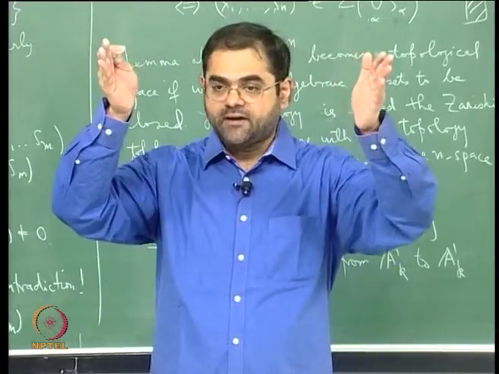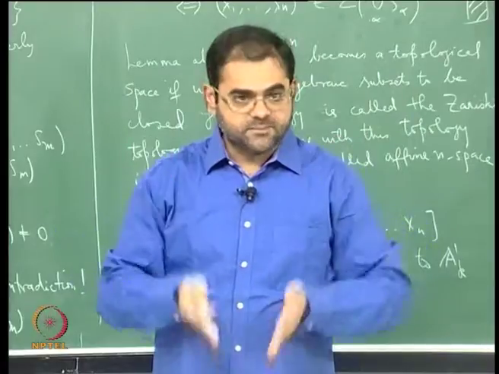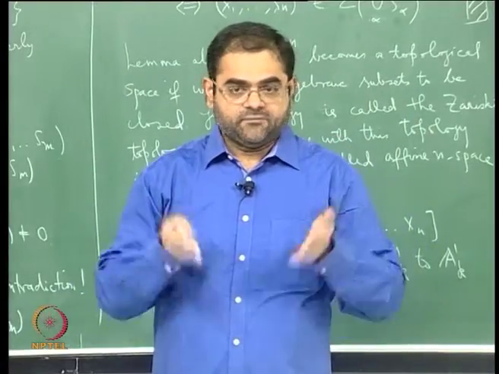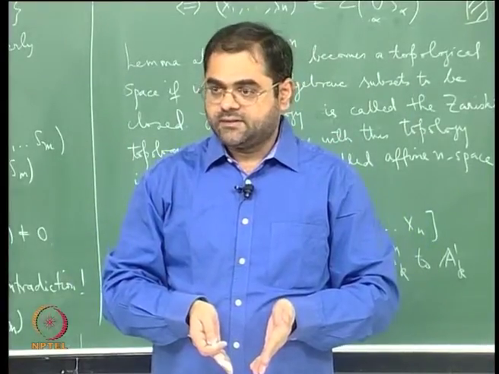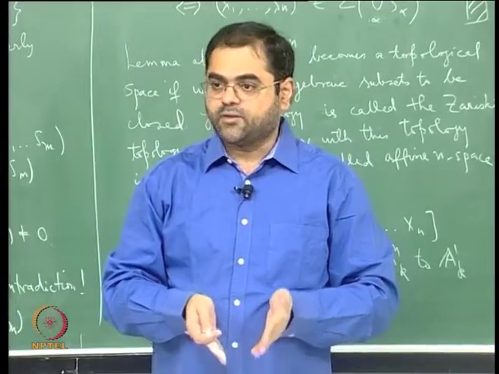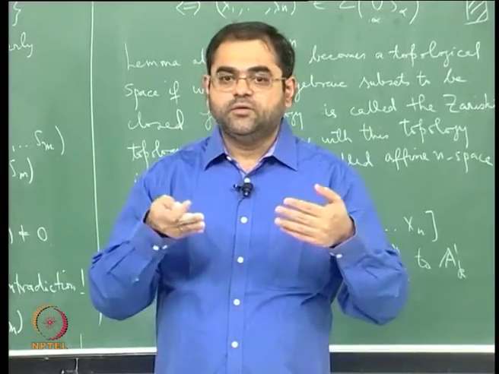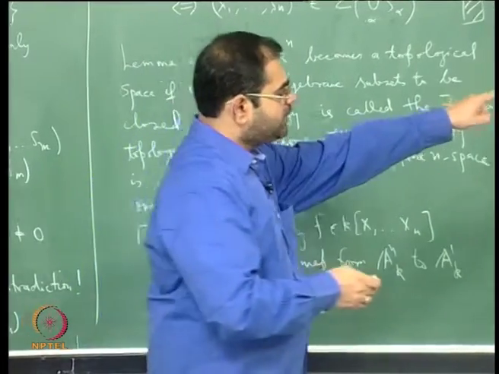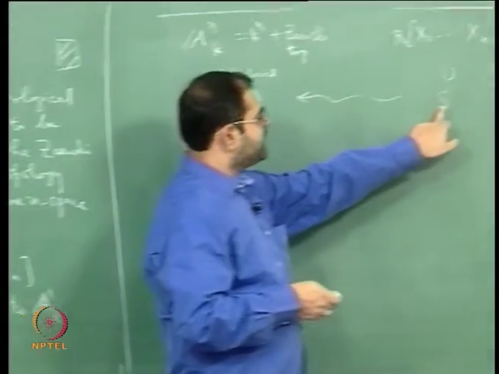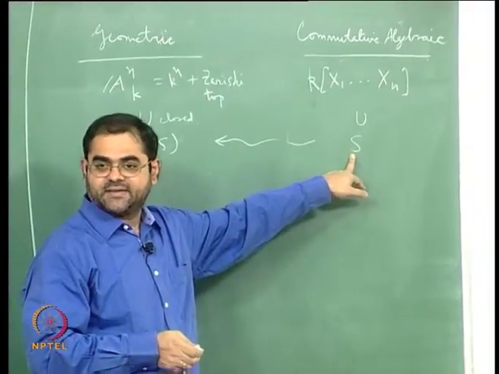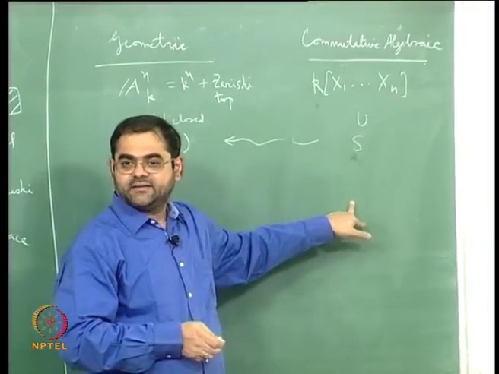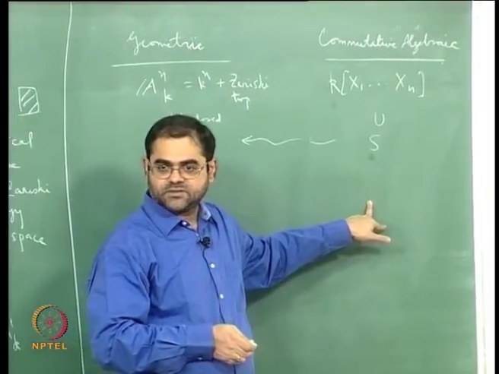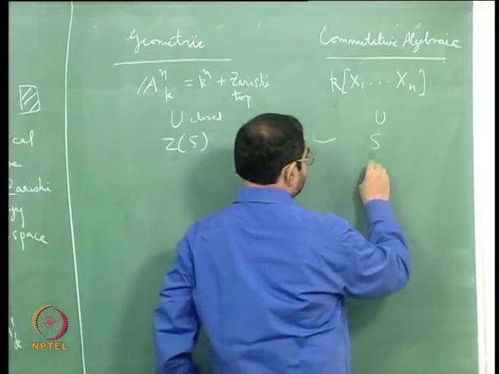Similarly, if you have a ring and you have a subset, and ideals are what you are interested in as subobjects and not subrings, then you can look at the ideal generated by the subset. So you can think of replacing this set S by the ideal that is generated by S.